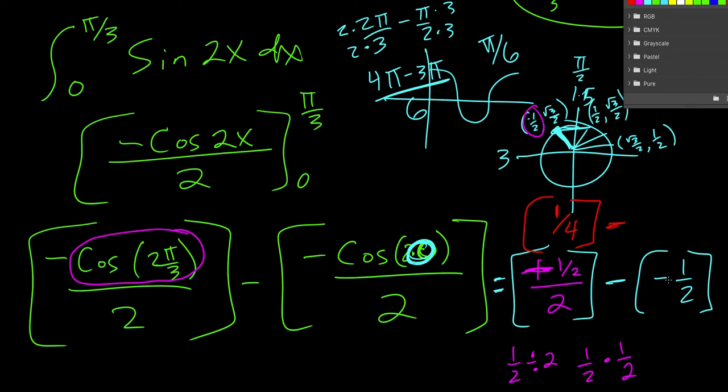And then if we subtract a negative, we're going to be adding 1/2. And so you can either just know that that's 3/4, or we could multiply this by 2 over 2, and that's going to be 1 plus 2 over 4, and that still gives us 3/4. So 3/4 is our final answer on that one.